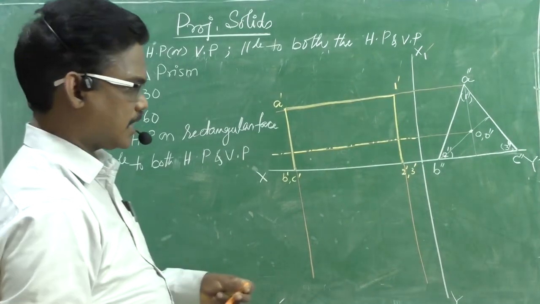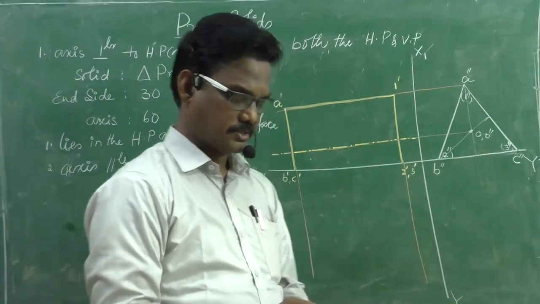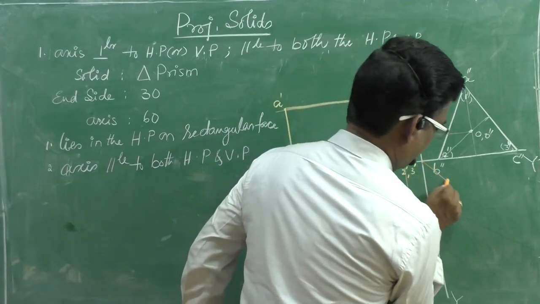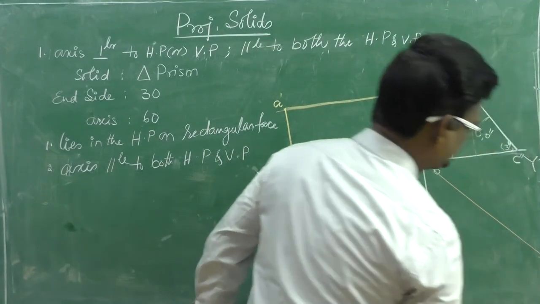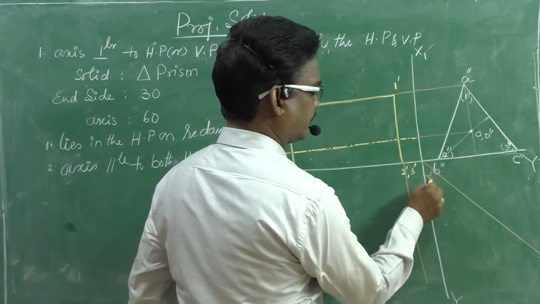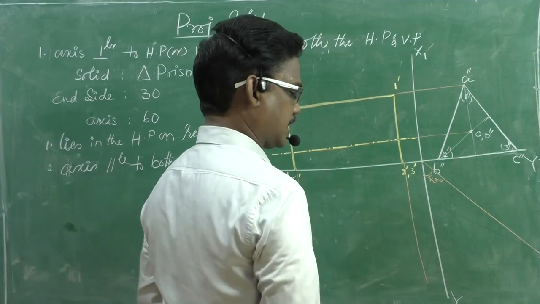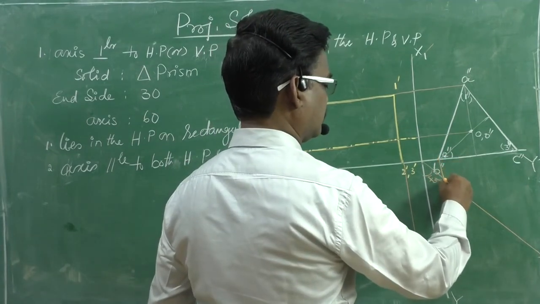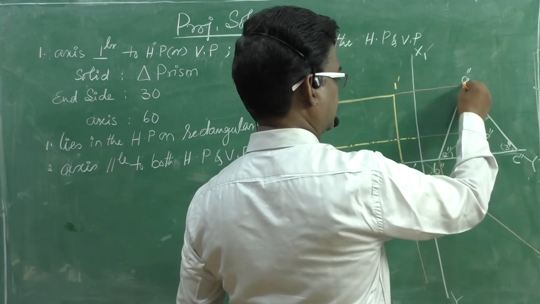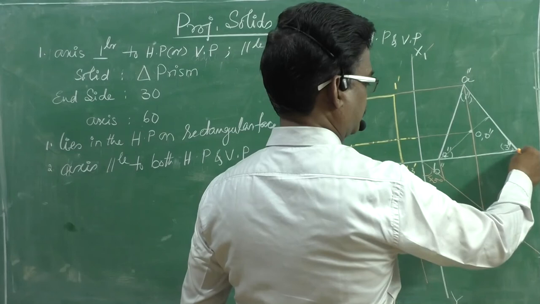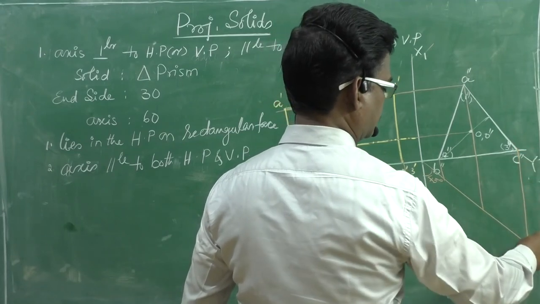To transfer the same distances here, we need to draw a 45 degrees line. This angle equal to 45. A 45 degrees line. After that, project it, and project A, B and C.